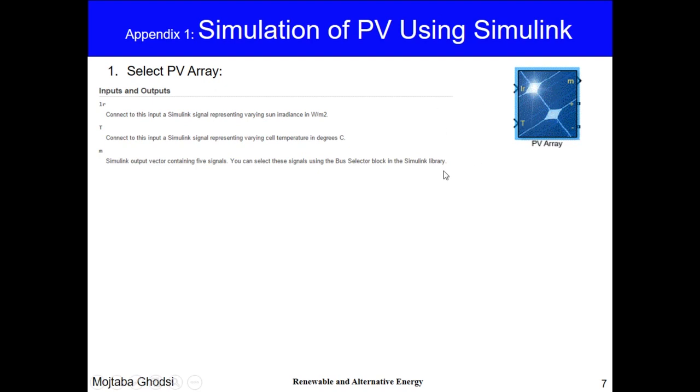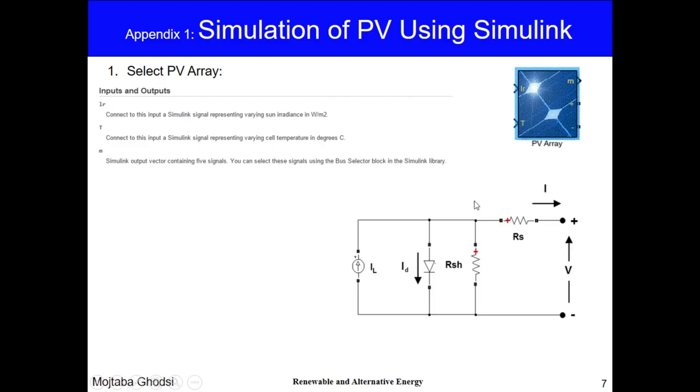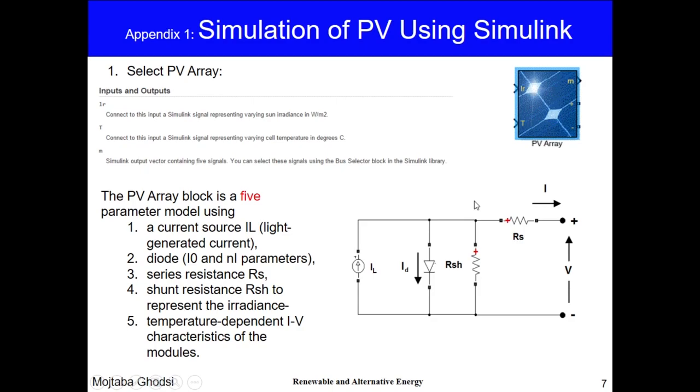Because of this, in my lab activities, I prefer to use the normal techniques and use subsystems in Simulink in order to make this PV array by myself. Then, in the modeling of the solar panel, as I explained before, we can consider it as one current source in parallel with one diode, and in parallel with one resistance, and in series with one resistance which we call RS.